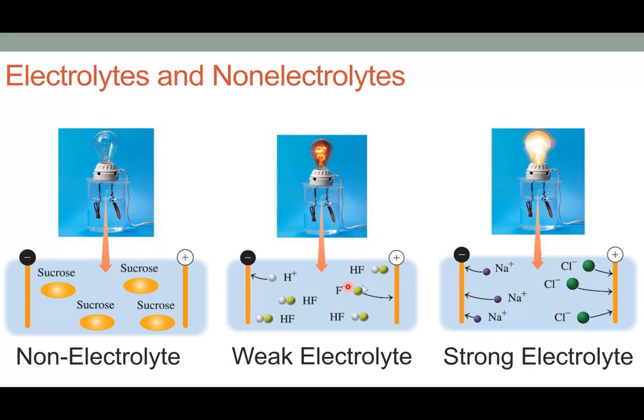But for whatever reason, some of the particles choose to stay together. So does this conduct electricity? Well, yeah, there's a few charged particles here, but it doesn't conduct it as well because some of the particles stay together. There's not as many particles in there for the electrons to jump to and from.